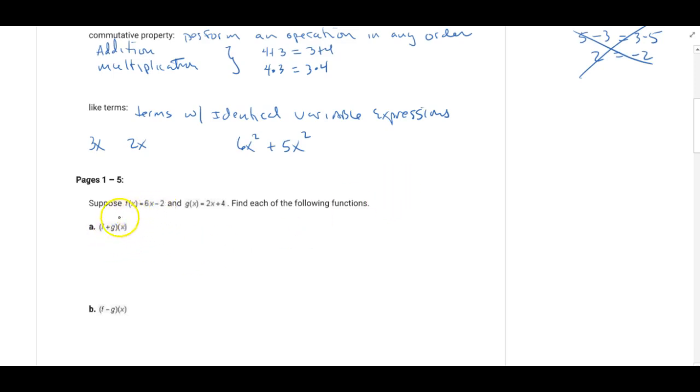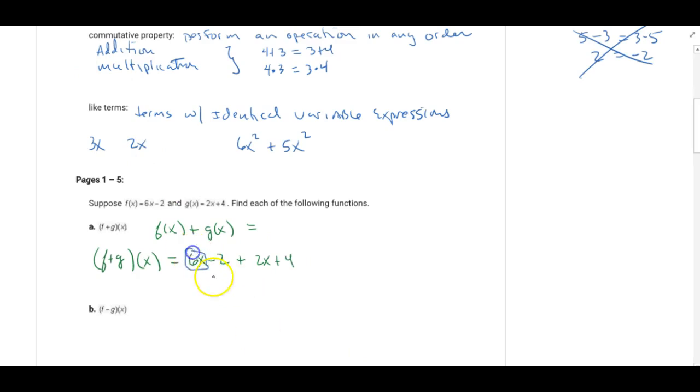For example, if I'm doing f plus g of x, meaning I'm basically taking f of x and adding g of x together. So f plus g of x is basically taking f of x, which is 6x minus 2, and adding g of x, which is 2x plus 4. And here, I'm just going to combine like terms.